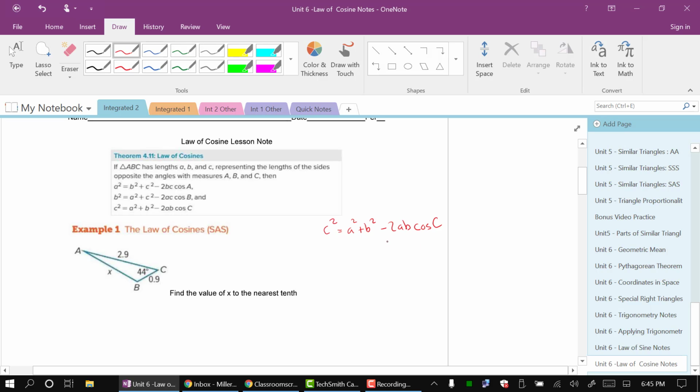So plug in what we have. We don't know what small c is, so that's going to be x squared equals 0.9 squared plus 2.9 squared minus 2 times 0.9 times 2.9 cosine 44 degrees.